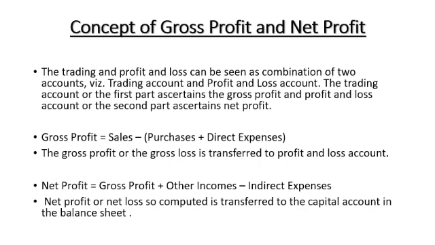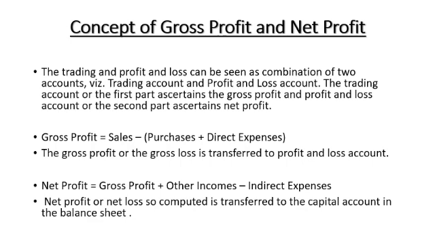The second part is to prepare the profit and loss account, which tells you about the net profit or net loss. The formula for gross profit is net sales minus cost of goods sold. Net sales refers to cash sales plus credit sales, minus returns.